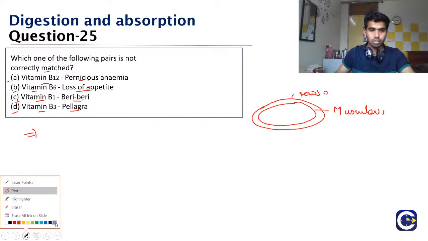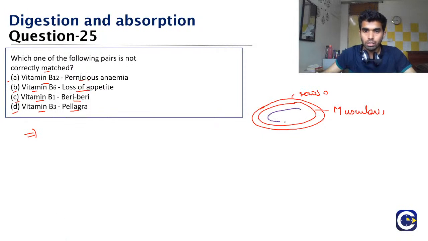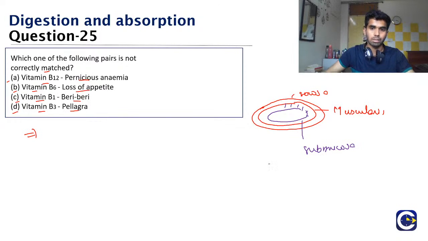In the submucosa, two important plexuses are present. They are known as the myenteric plexus, and the second one is known as the submucosal plexus.